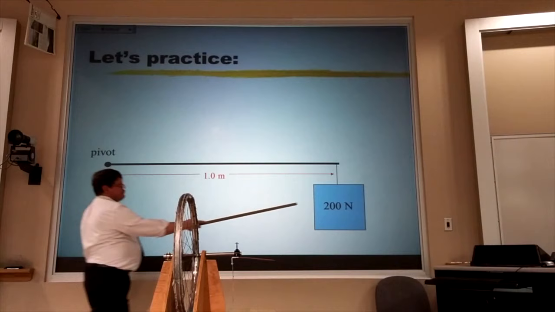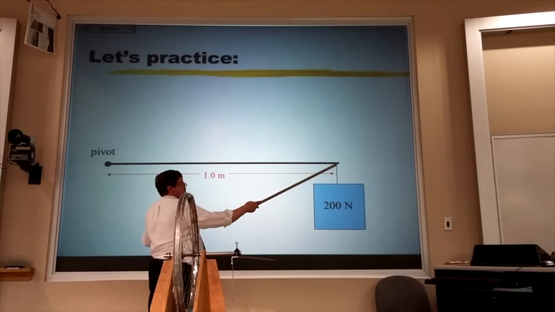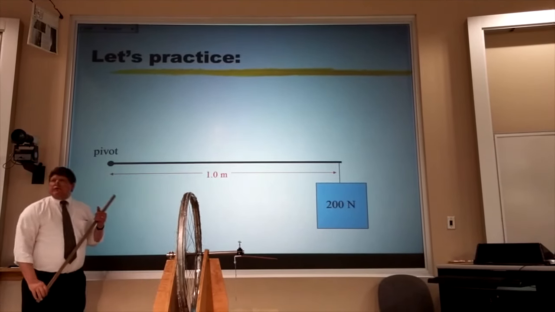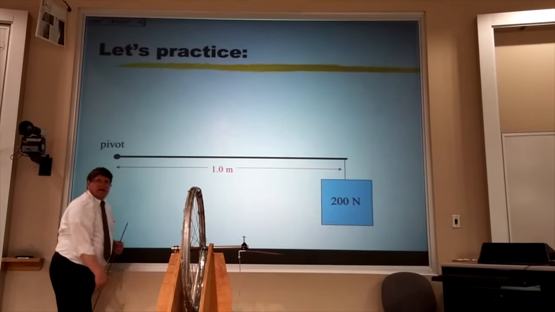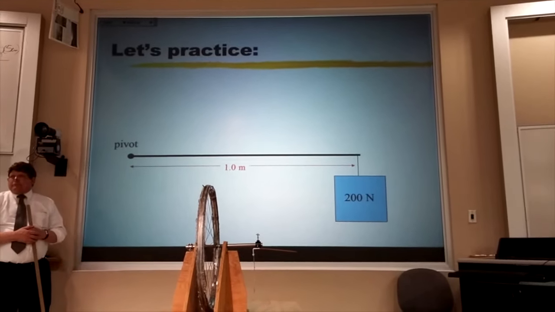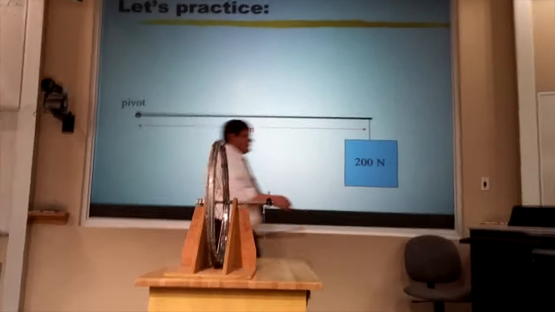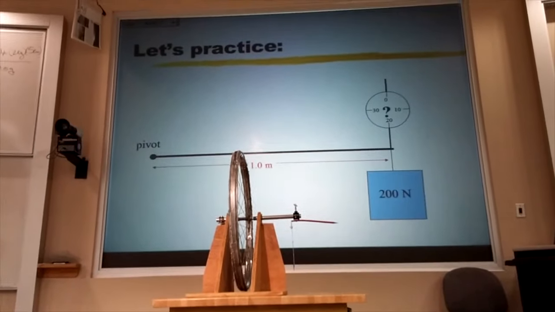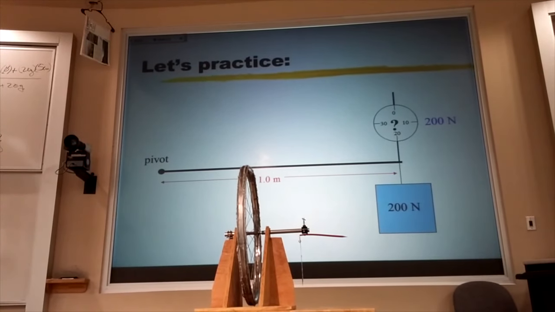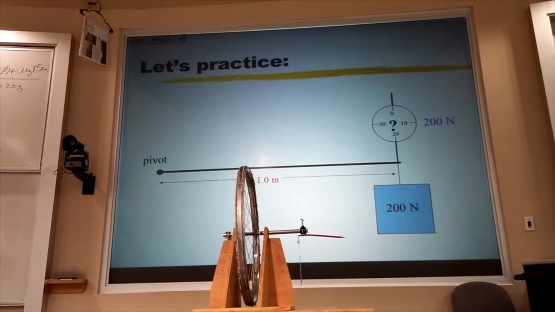Now, if I were to hang a 200 Newton weight at the end of this, you know what's going to happen. It's just going to fall right down to the ground. It's going to rotate clockwise and hit the ground. Now, if I don't want it to rotate, I'm going to have to pull on it with a force that's equal to 200 newtons, if I put the scale there.